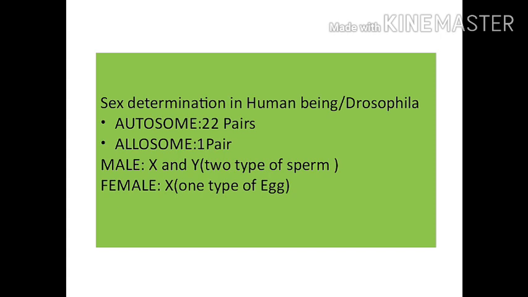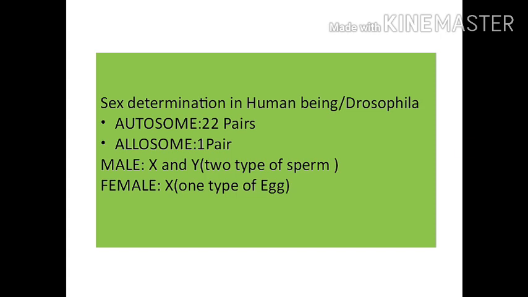So the female produces the homogametic gametes carrying X chromosome, that is egg is produced with the X chromosome. The male is heterogametic, that is it produces two types of sperm, one with the X chromosome and another with the Y chromosome. And Drosophila also exist the same as that of the human being.